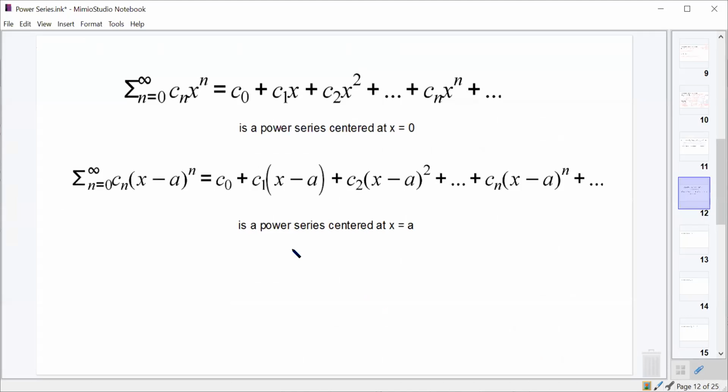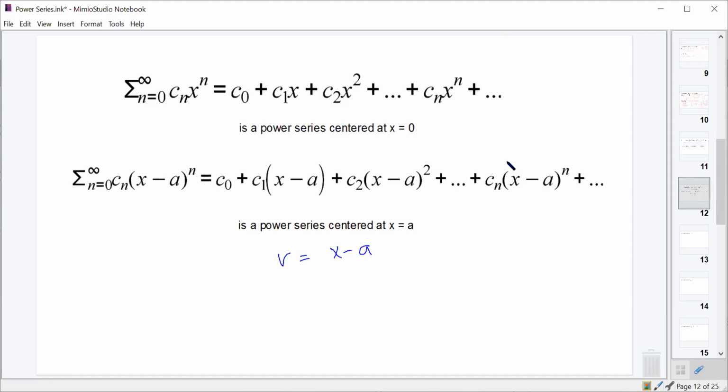And so if we were to look at this power series centered at x equals a, what is our common ratio between the terms here going to be? Should be x minus a, right? Each time I'm squaring and then cubing and then to the 4th and to the nth power this x minus a.